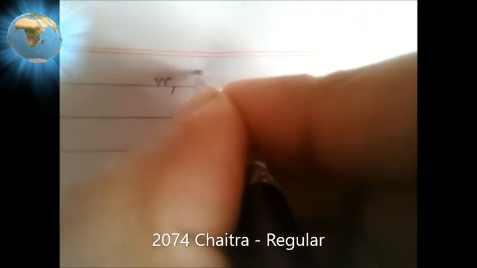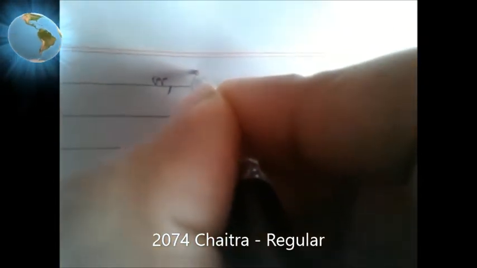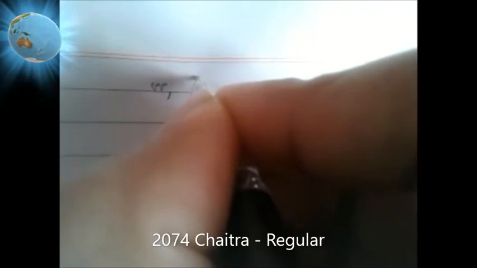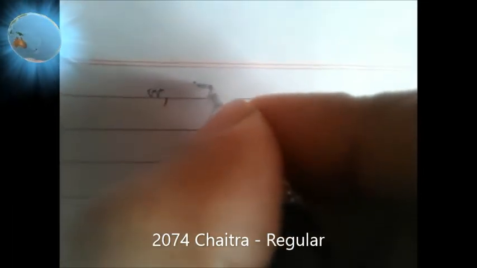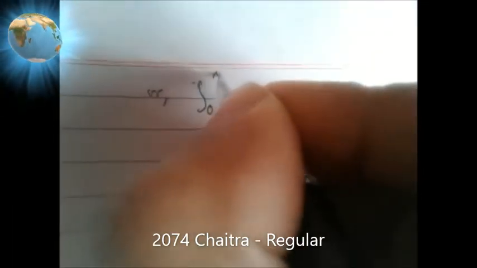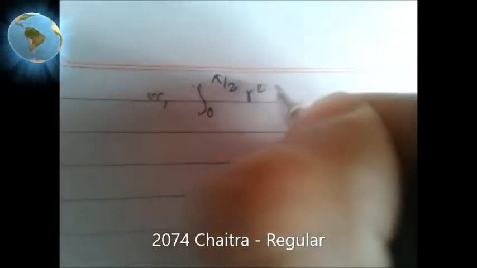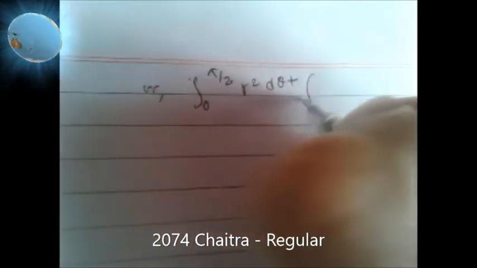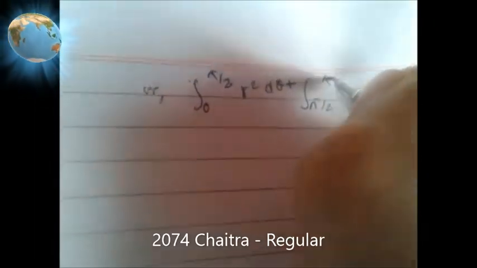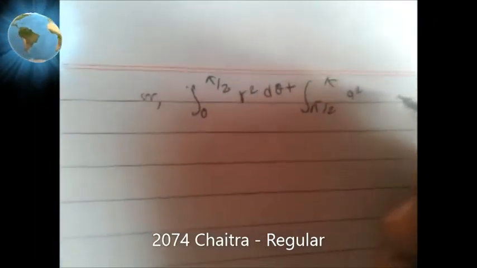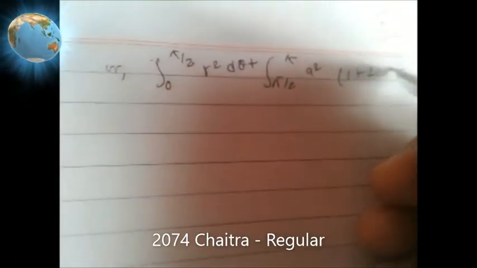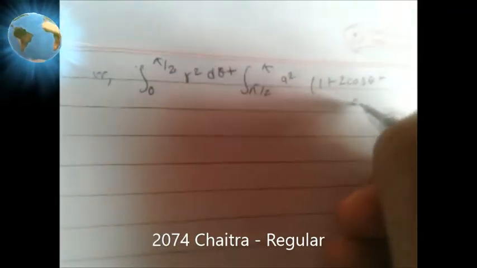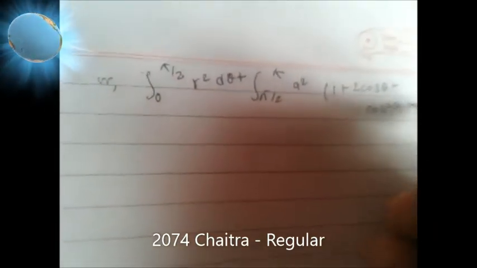Now we just integrate it. 1 by 2 is common, so the 2 will be cancelled. So we do 0 to pi by 2 r square d theta plus pi by 2 to pi a square. We open the formula, and it would be 1 plus 2 cos theta plus cos square theta d theta.